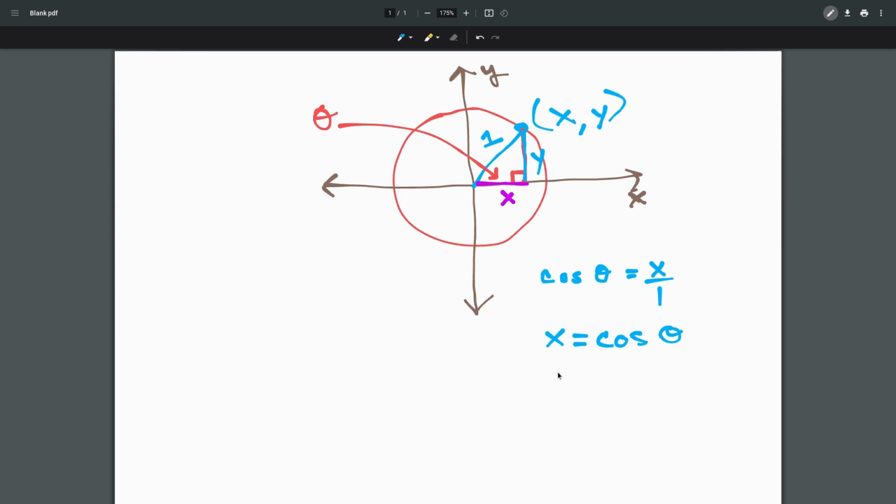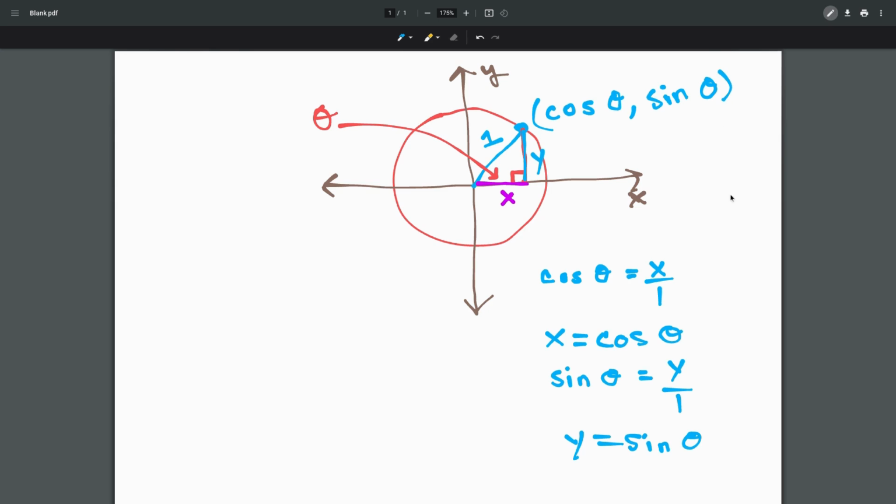And then we can say the sine of theta equals the opposite side, so y over the hypotenuse, which is 1, the radius. So we can say y equals sine of theta. So we can rewrite this into the cosine of theta and the sine of theta here.